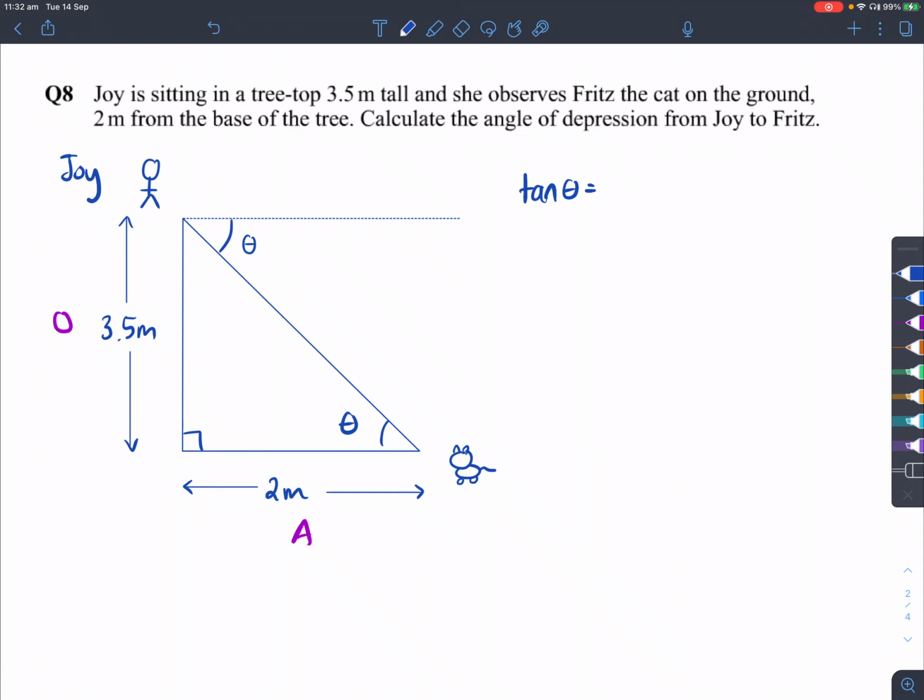So tan theta equals opposite over adjacent, which is 3.5 over 2. So theta is the inverse tan of 3.5 over 2. That would be, theta is approximately 60 degrees and 15 minutes.